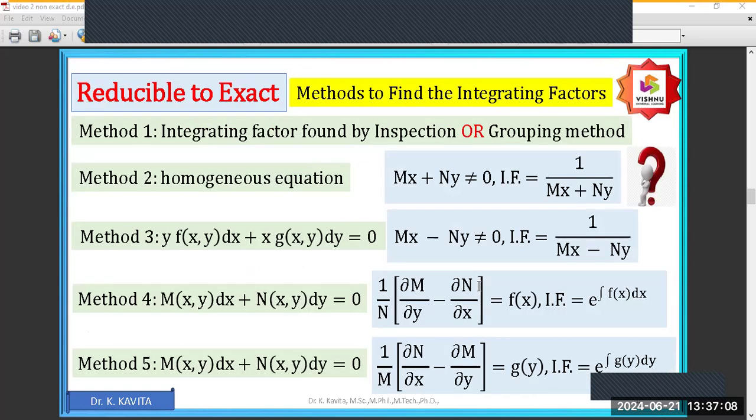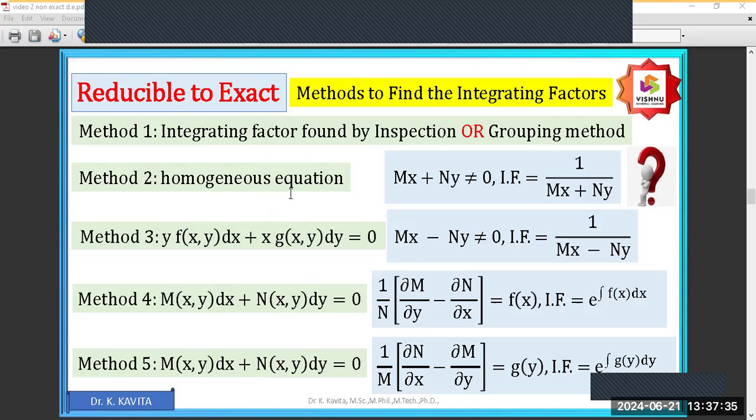Now we can see the methods we are going to use for reducing to exact differential equations when the problem is not exact. Here I mentioned 1, 2, 3, 4, 5. The first one is the integrating factor, also known as the grouping method.